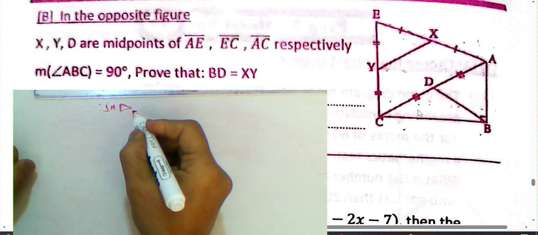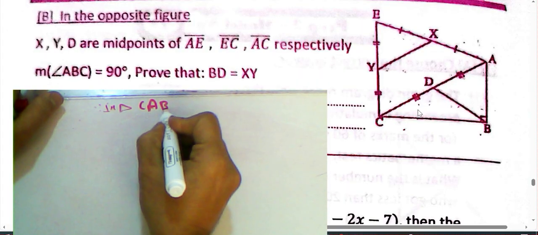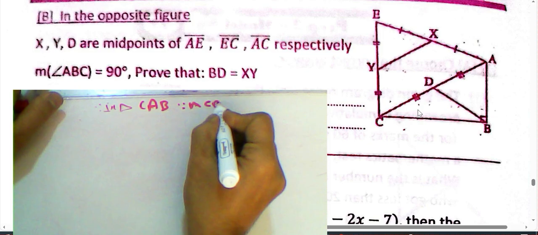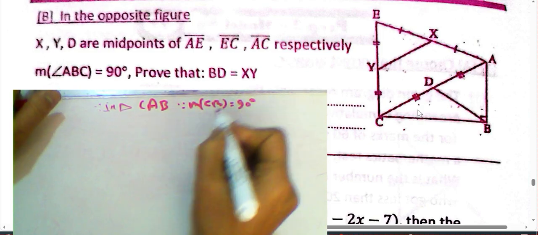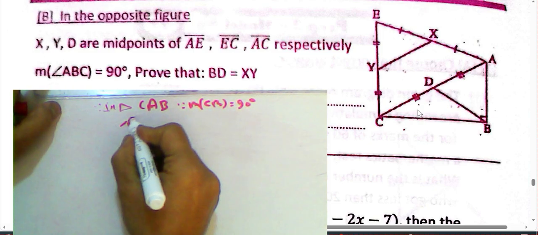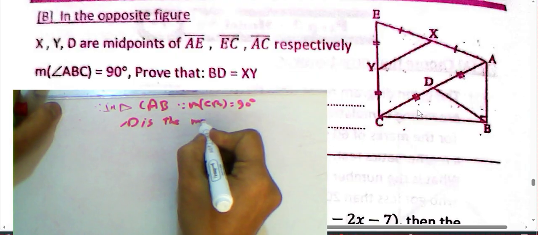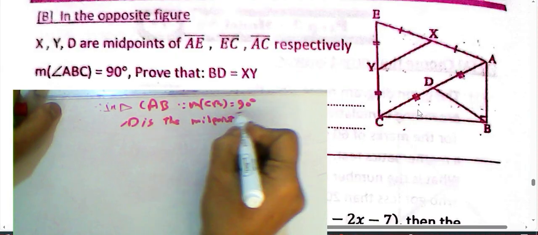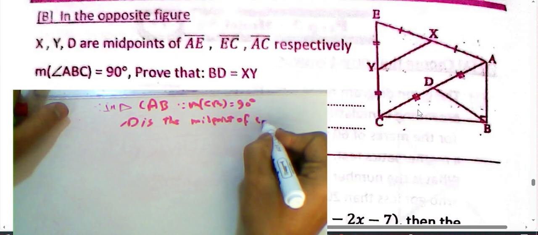Left hand side here, triangle CAB, such that the measure of angle B is 90 degrees, and D is the midpoint of CA.